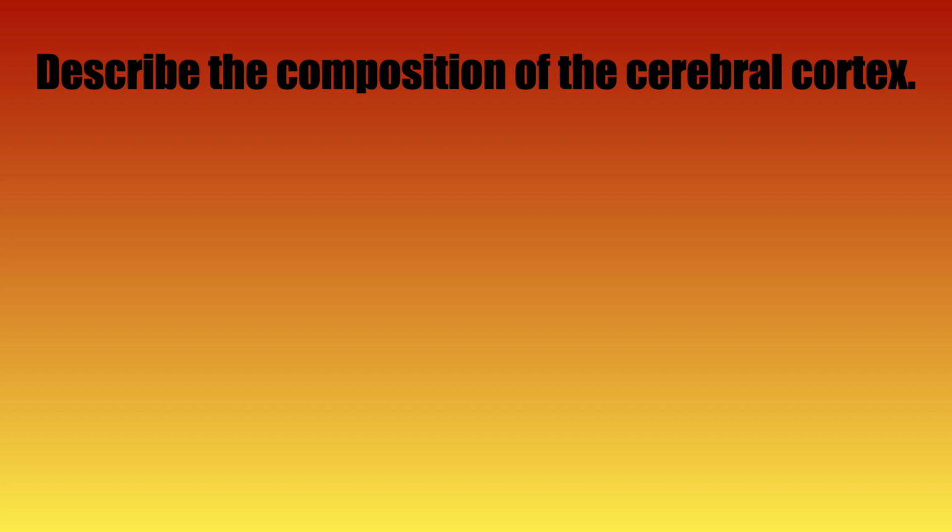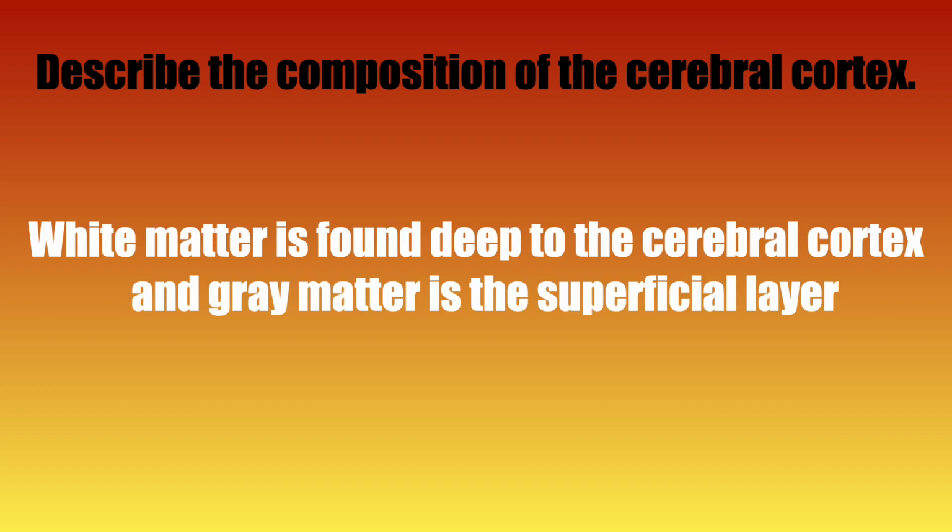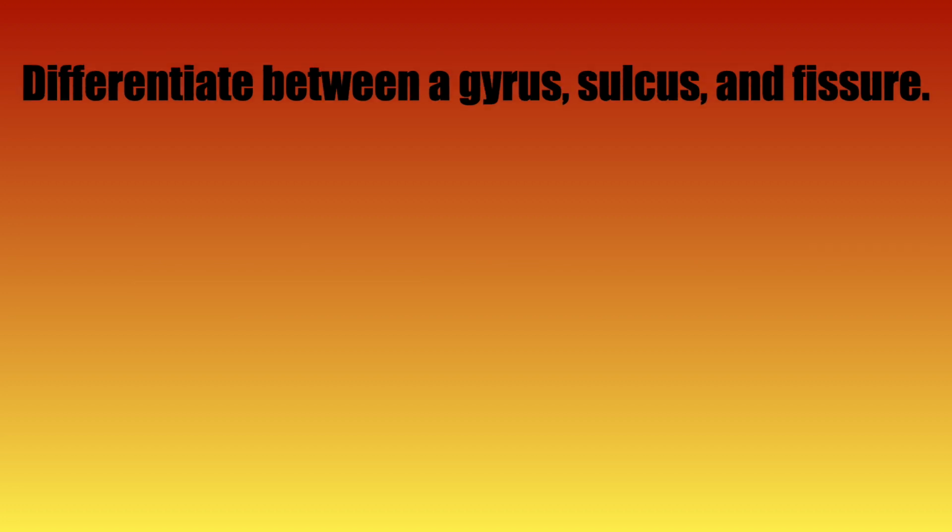Describe the composition of the cerebral cortex. The answer is white matter is found deep to the cerebral cortex and gray matter is the superficial layer. Differentiate between a gyrus, sulcus, and fissure.